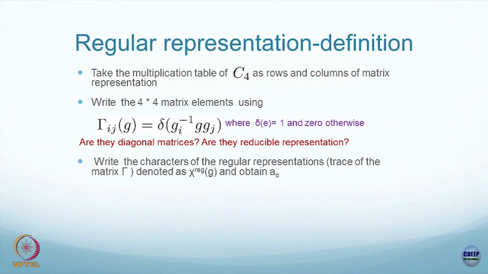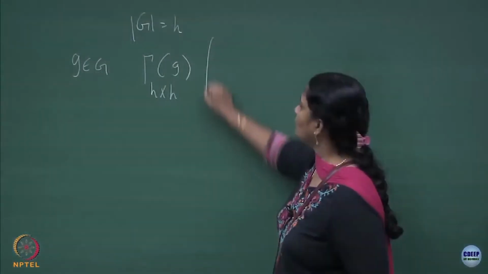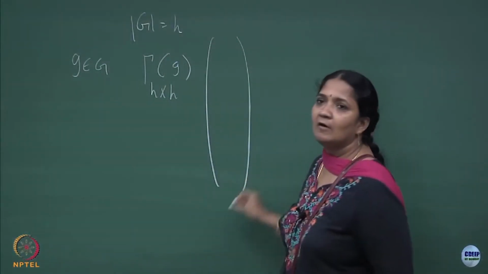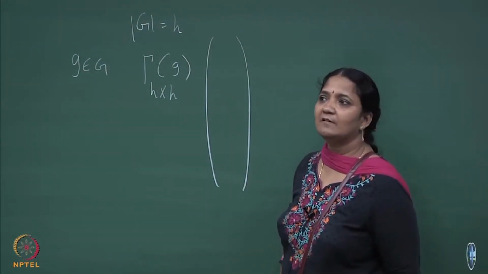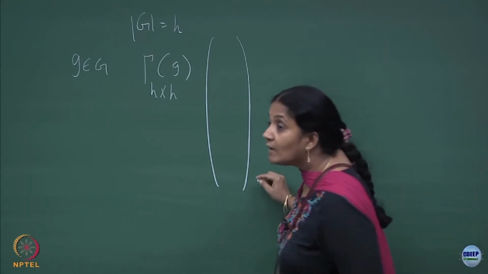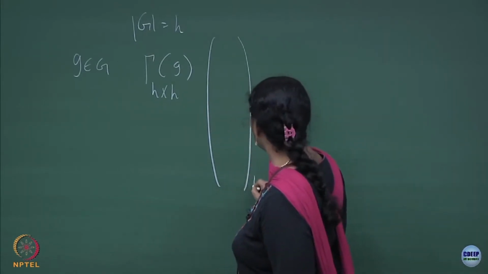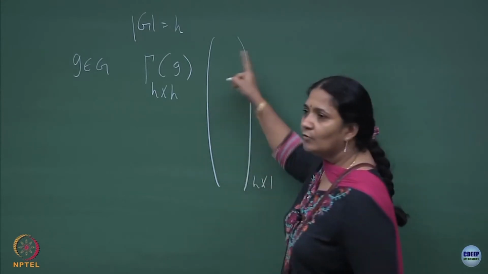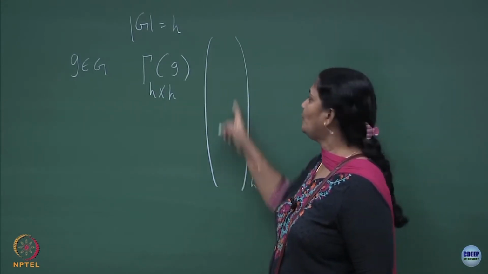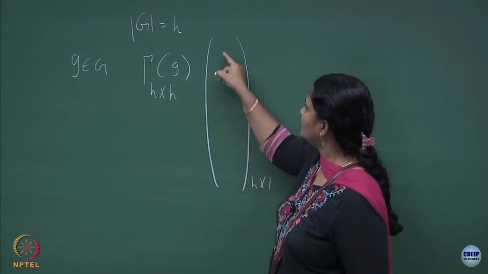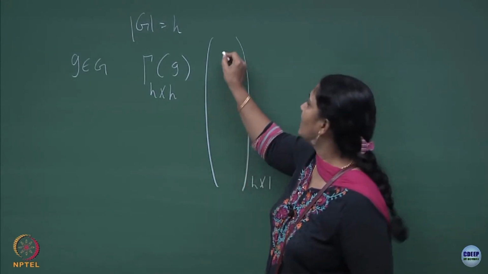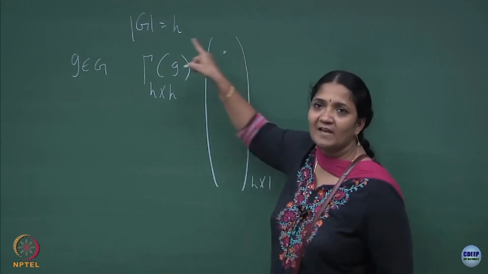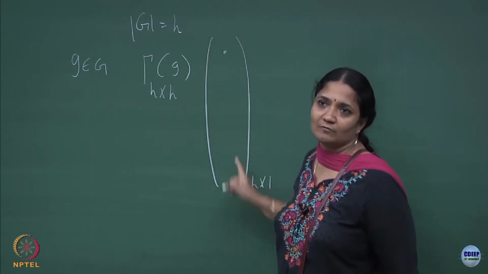The way to see it is that whenever you have a matrix of this dimension, it should always operate on a column which is H cross 1. So, you could put the elements here also as if each entry here corresponds to one of the elements of the group and so on.